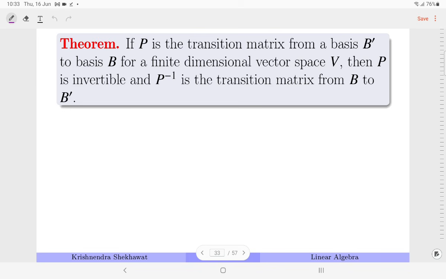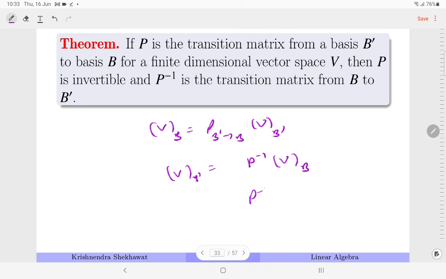And the next result says that if P is a transition matrix from B dash to B, then P inverse is the transition matrix from B to B dash, which makes sense. For example, if I write the formula [v]_B is P times [v]_B dash, then my [v]_B dash is P inverse times [v]_B.